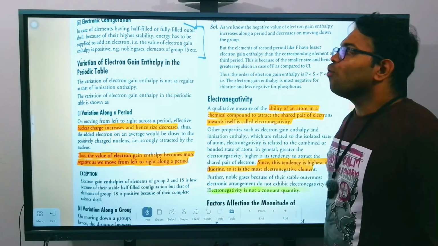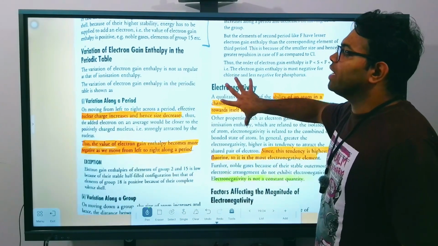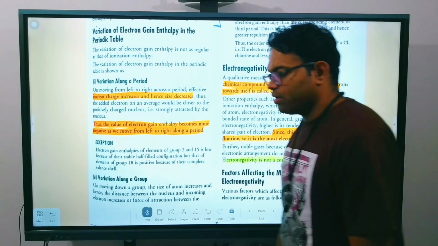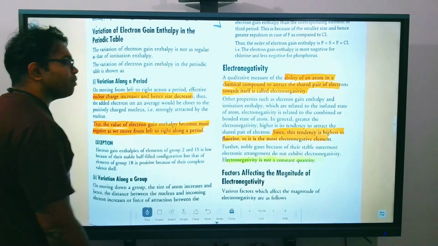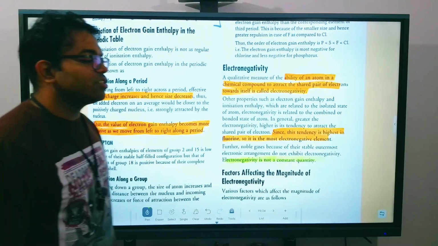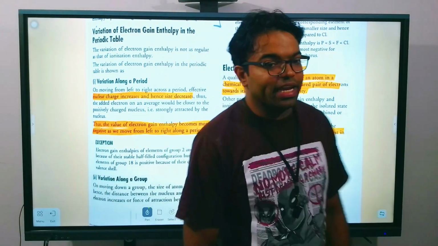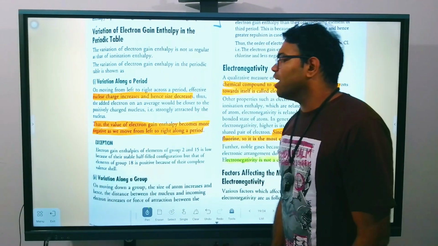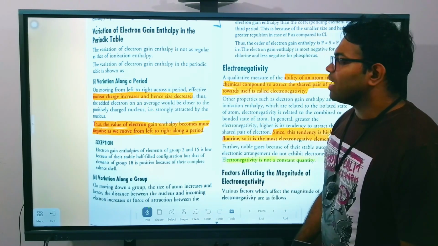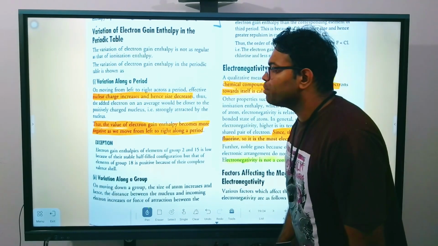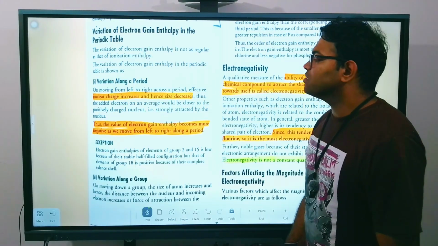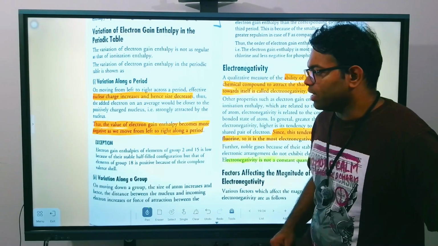Okay, now variation of electron gain enthalpy in the periodic table. On moving from left to right across a period, the effective nuclear charge increases and the size is decreasing. Thus, the added electron on an average would be closer to the positively charged nucleus, that is, strongly attracted by the nucleus.